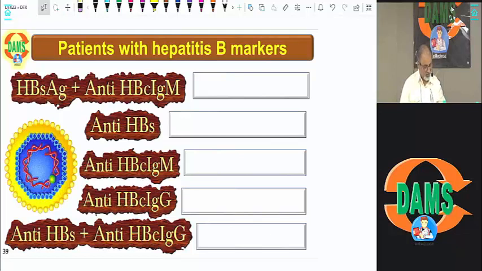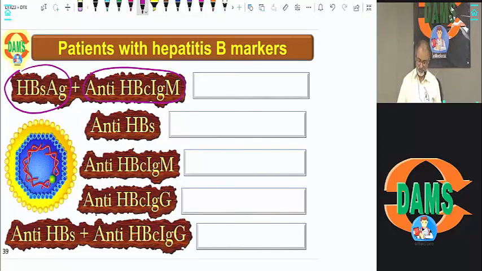Hepatitis B surface antigen positive. What does it mean? Infection present. Core antibody IgM positive. What does it mean? Acute hepatitis. Excellent. This is called acute hepatitis.